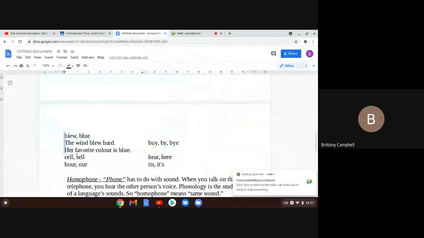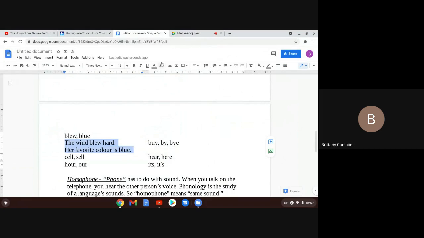Okay, beautiful. So the wind blew hard versus her favorite color is blue. So you see, when you put the word in context, then you're able to get the meaning of the word. So please, again, when you're talking about the homophones, ensure that you know the context in which it is used. That way you won't be confused.